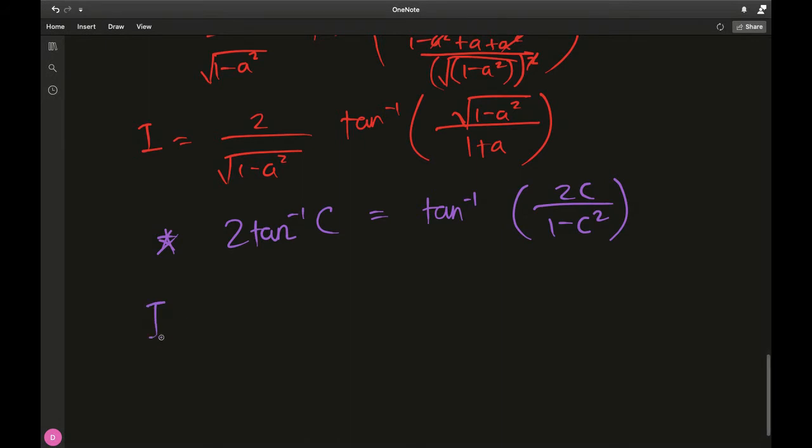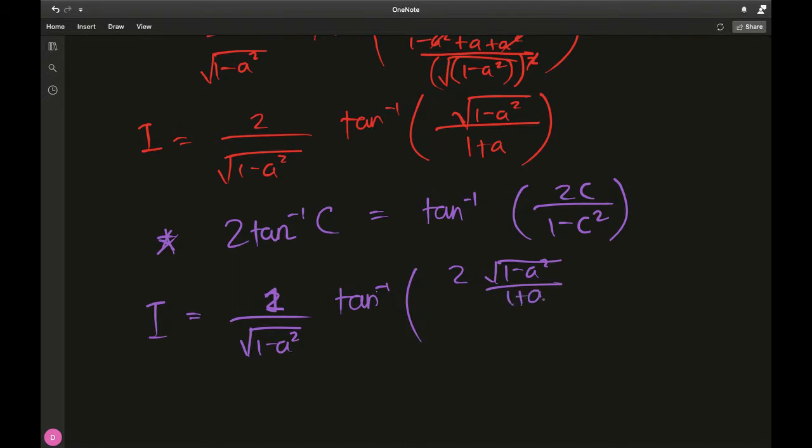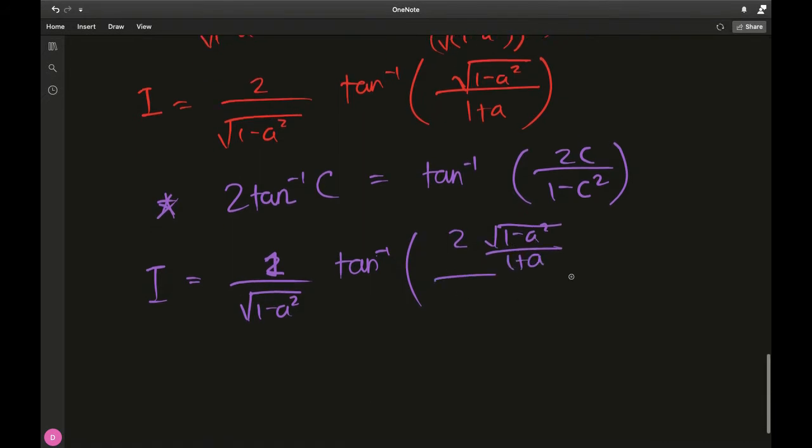So again, implementing that, we lose the 2, so we have a 1 over square root of 1 minus a squared, and then inverse tangent of 2 times square root of 1 minus a squared over 1 plus a, divided by 1 minus this entire term squared, which will be 1 minus a squared over 1 plus a, but the whole thing squared.